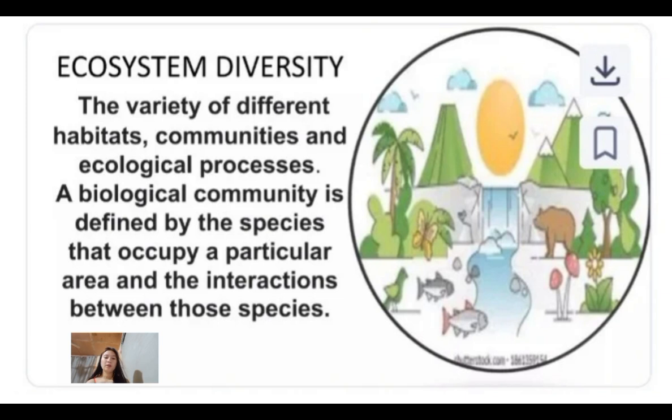So when we talk about ecosystem diversity, we are really talking about all the different types of environments and living networks inside them that work together to support life. And having many different ecosystems across the planet is important because it helps nature stay balanced, strong, and able to adapt to changes, which is why scientists and conservationists work hard to protect the diversity for future generations.